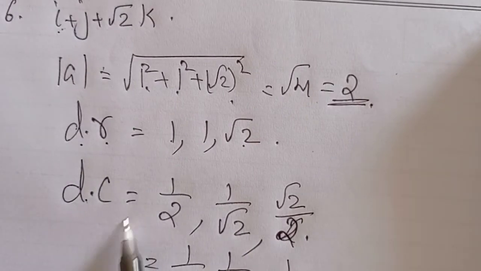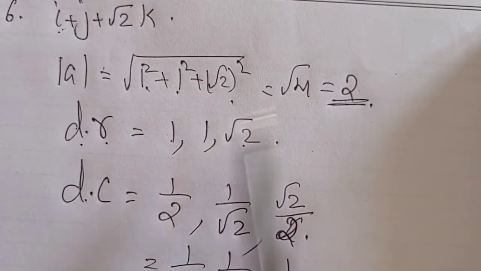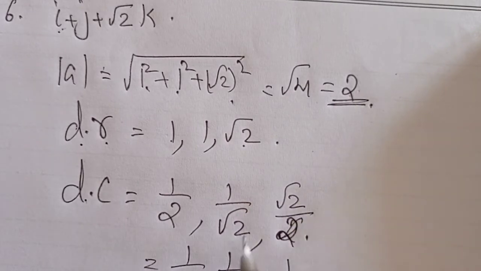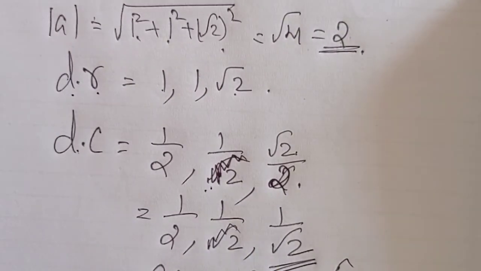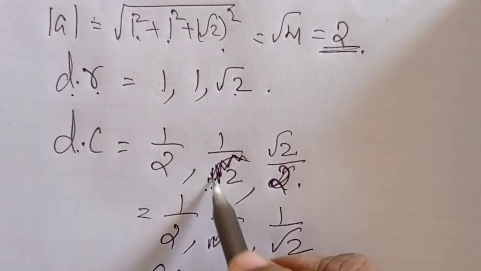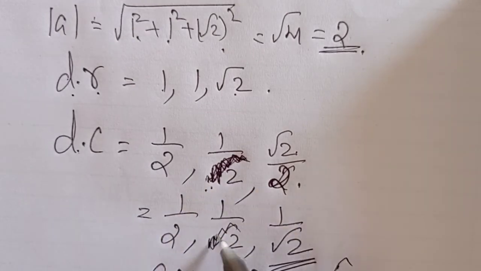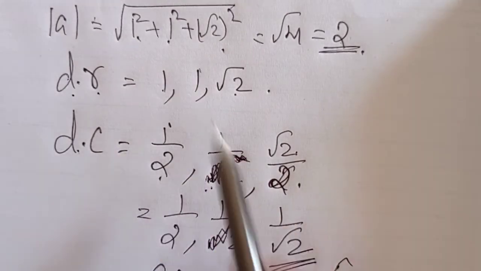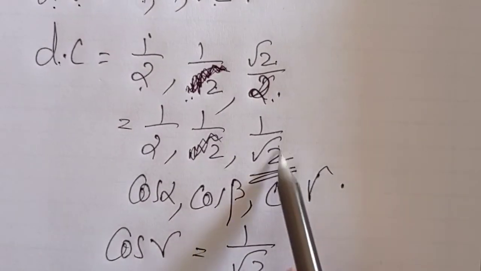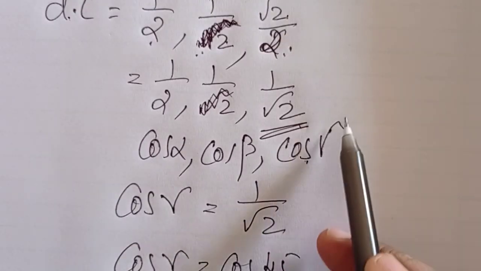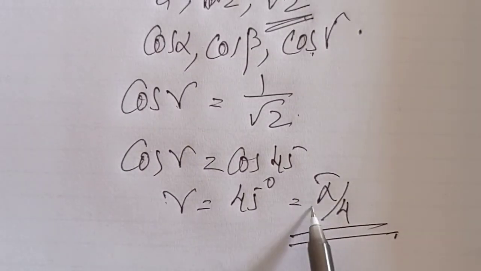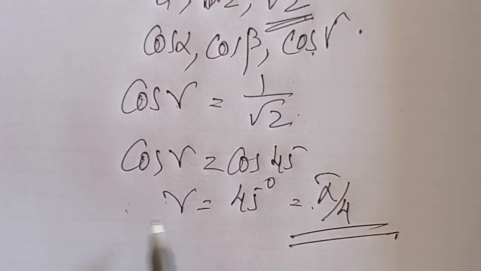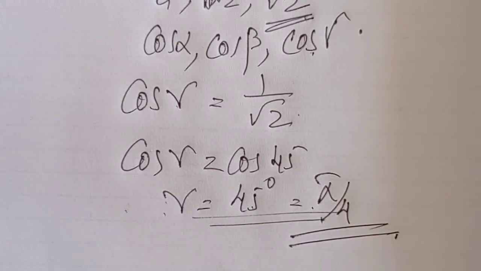Then the direction cosine formula: 1 by 2, 1 by 2, then root 2 by 2, and you cancel that, we can write 1 by root 2. But here the question is cos alpha. That means cos alpha is 1 by root 2. Cos alpha, beta, gamma. Here gamma is pi by 4.